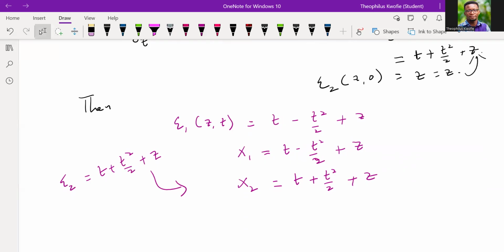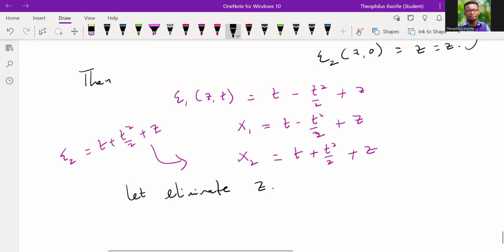Good. Now, we can use a technique. And what's the technique? We can try and eliminate z. We can do this by just subtracting, okay? So the point here is that we want to eliminate z.